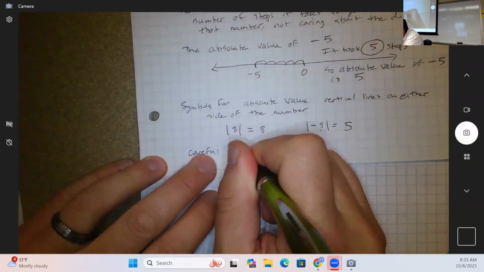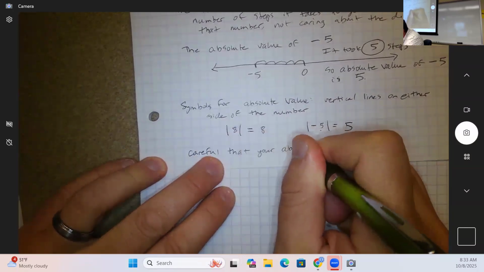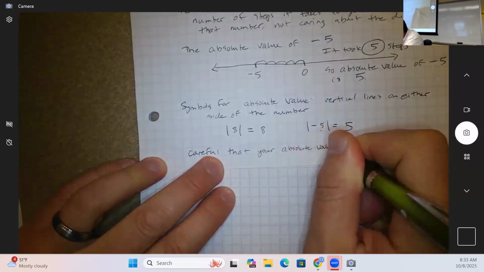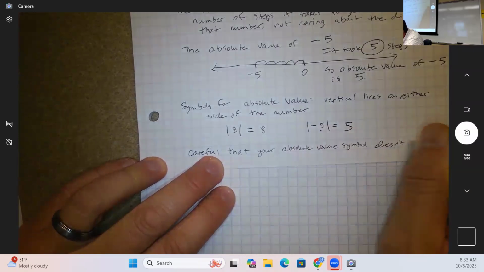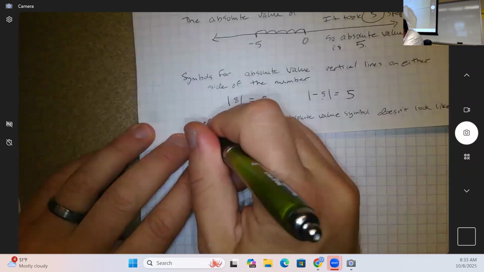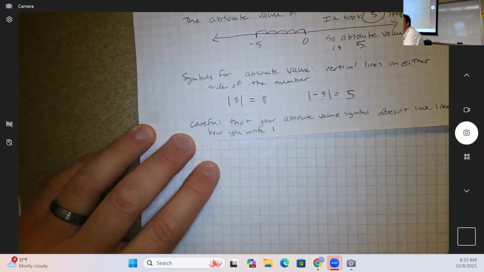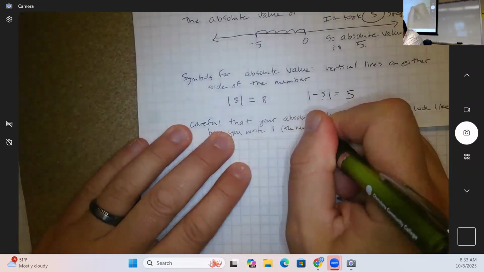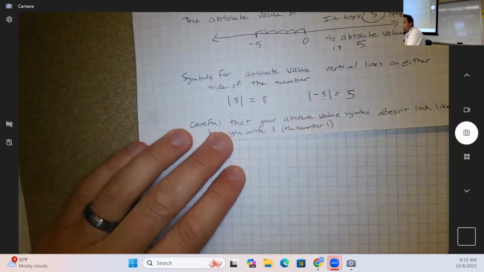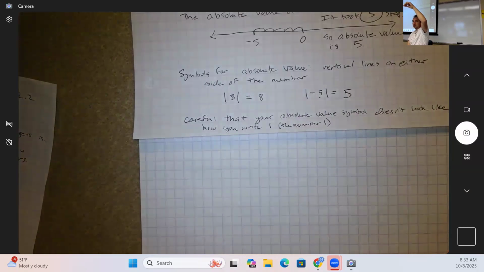Be careful that your absolute value symbol doesn't look like how you write the number 1. I always make my absolute value symbols a little bit exaggerated.